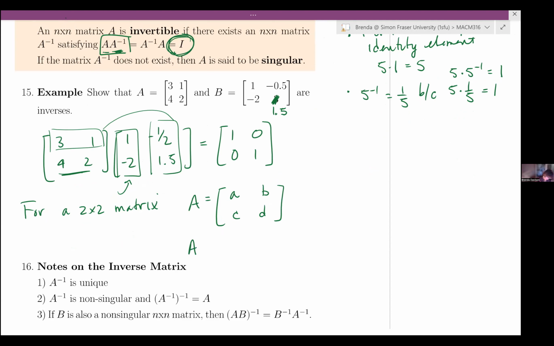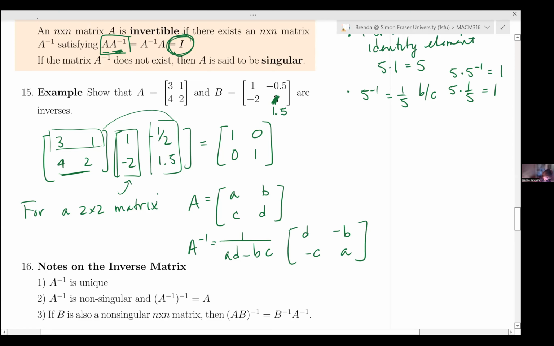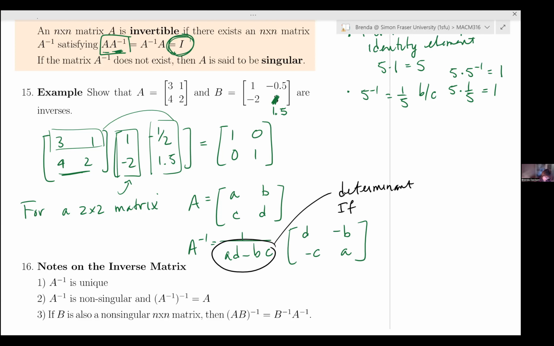The inverse looks like this: 1 over AD minus BC, times D, -B, -C, and A. The number in the denominator is called the determinant. We're coming to that next. If the determinant of A, det A, is 0, then A does not have an inverse.